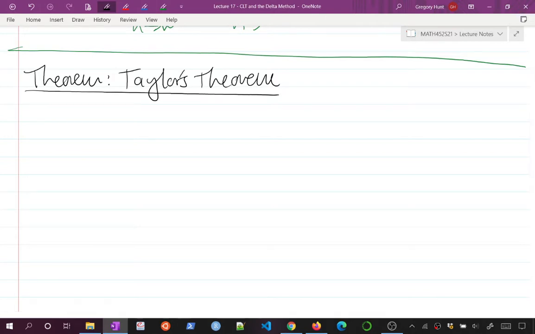So Taylor's theorem says something about Taylor series, and it says something basically about polynomial approximations of smooth enough functions. So if I have a function, this is like the 2-minute review of Taylor series from Calc 2.